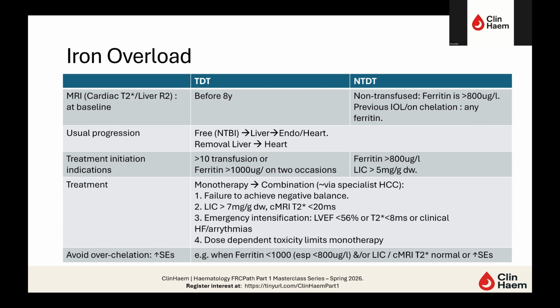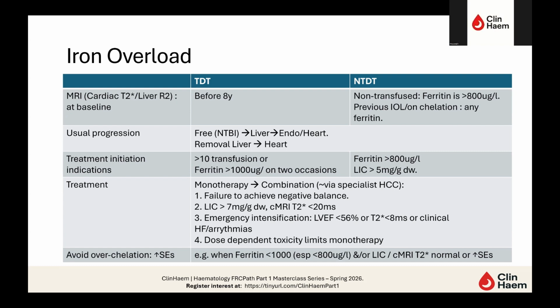Also, they are undiagnosed, so to say, because we don't think, oh, they've not had enough transfusions, so they are probably not iron overloaded. But as I said, ineffective erythropoiesis can cause higher iron absorption on its own, which can remain undetected. But if their ferritin is more than 800 when they've never been transfused, which is a lower number than what we use for transfusion dependent, which we will discuss, or if they previously have evidence of iron overload.